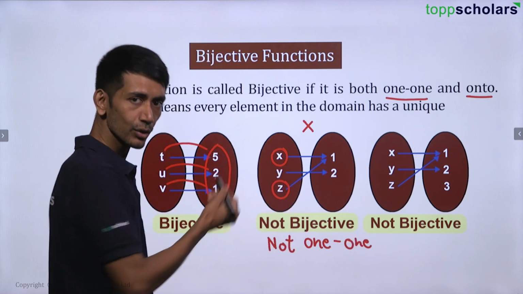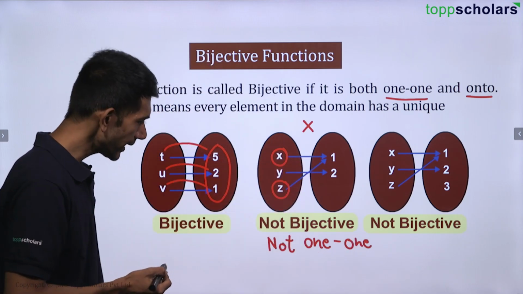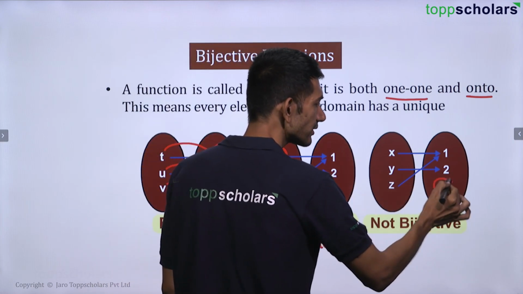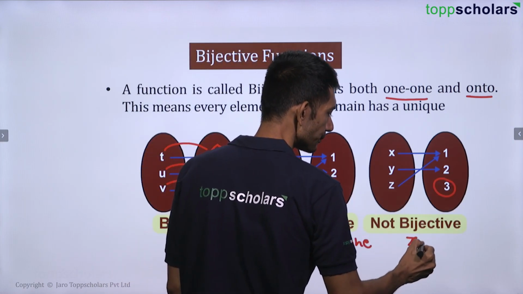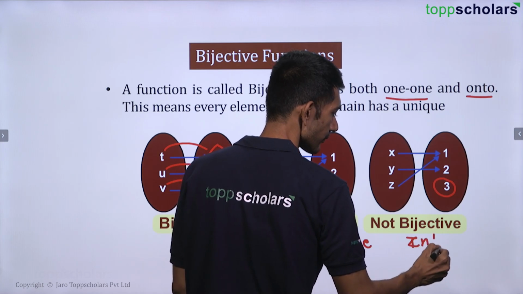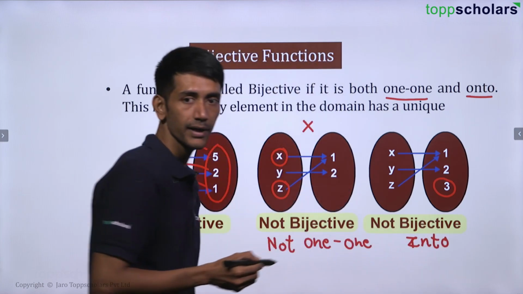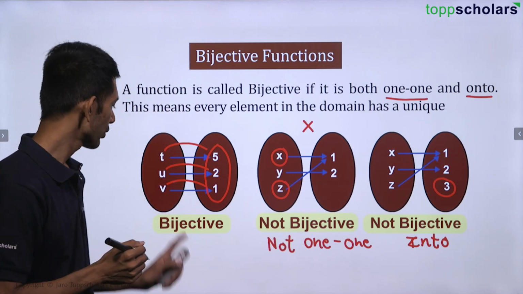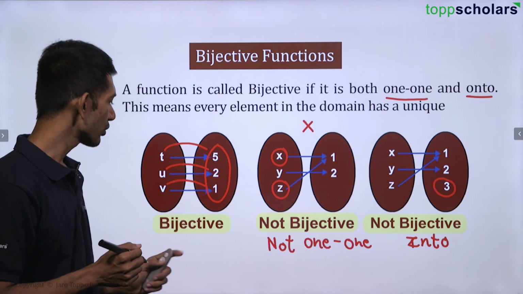This is like many-one, no? Many-one. Correct? This is not bijective because this is into, and that is an into function and this is not one-one. So for bijective, both of them should be satisfied.